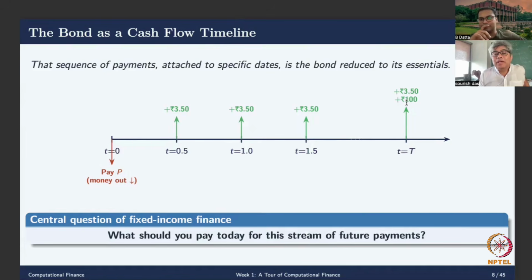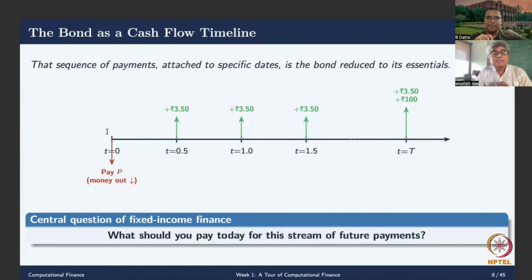The big question is, if you want to have this bond on this date and make sure this is the stream of revenue you get every 6 months, how much should you pay on the issuance date to the issuer, whether the bank or the government treasury?